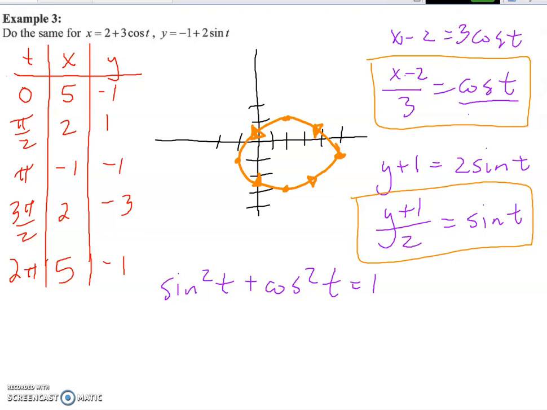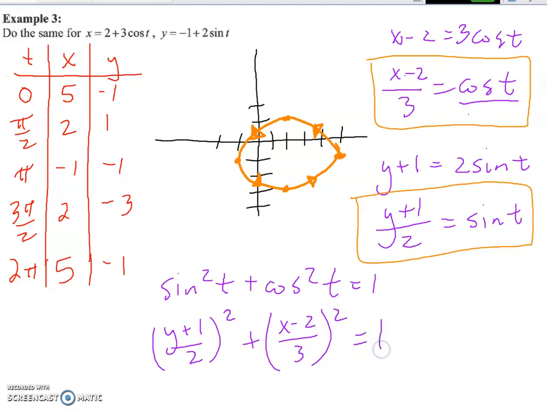That's an equation that we know is easy to work with. It relates sine and cosine together. So we're just going to plug in. I know that sine of t is y plus 1 divided by 2, so I've got that quantity squared, plus, I know that cosine is x minus 2 divided by 3, so I have that quantity squared equal to 1. And so that is our equation.